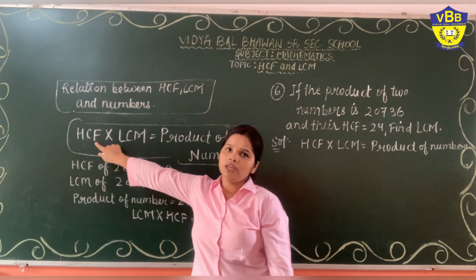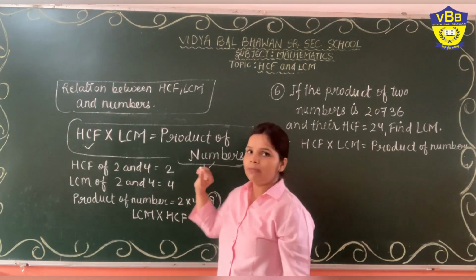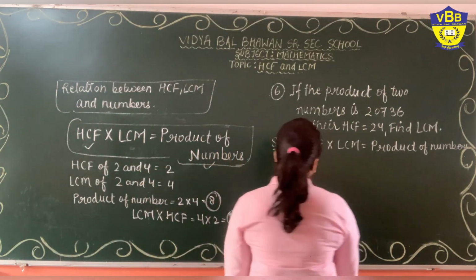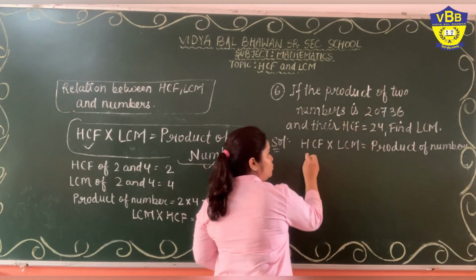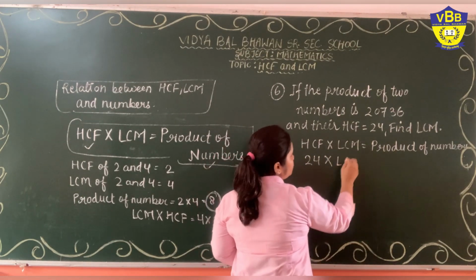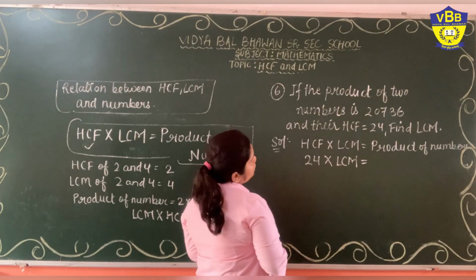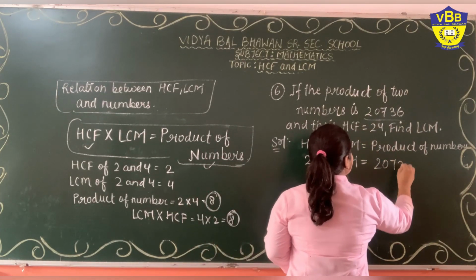This product of numbers and HCF are given and it says find the LCM. So what will we do? HCF is 24. We are writing HCF here. LCM we need to find. So we write it as: it is equal to the product of two numbers given, 20,736.